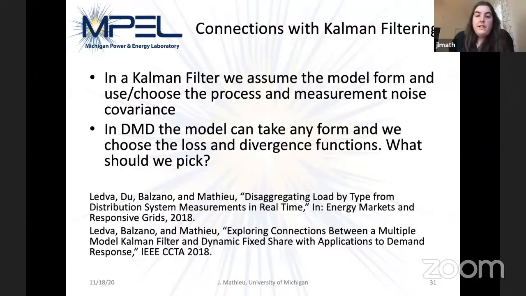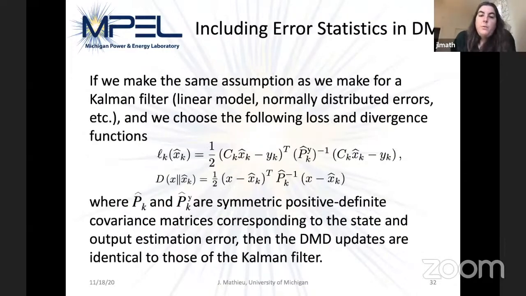So the loss in terms of prediction loss, like how far away you are from predicting the performance. So how should we pick these specific functions is a question. What we do in this paper is show that if we choose these functions intelligently, we can actually make it such that the algorithm for dynamic mirror descent looks like a Kalman filter.